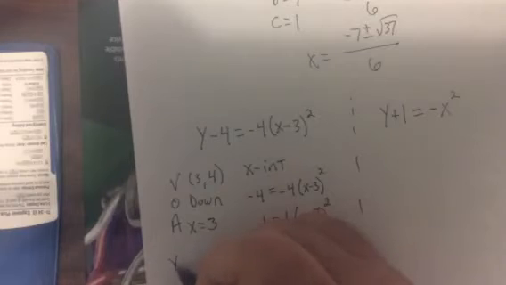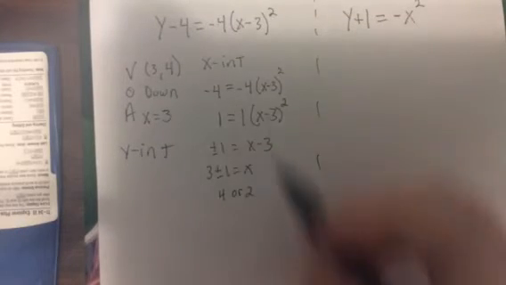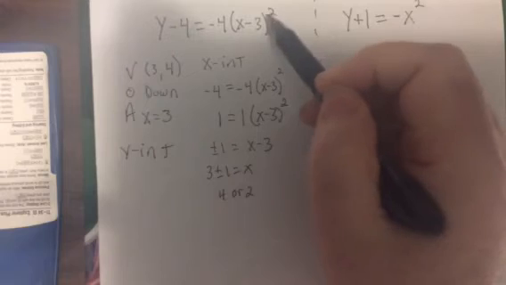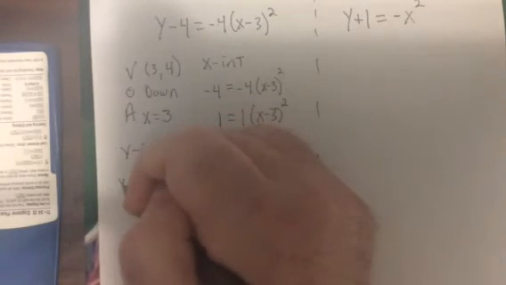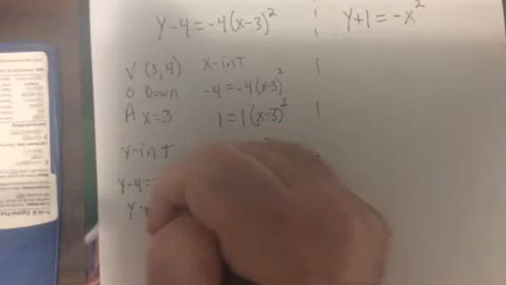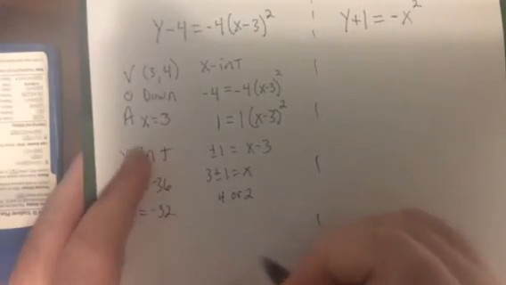Then the y-intercept. You put 0 in here. 0 minus 3 is negative 3. Squared is 9. That's negative 36. So y would be negative 32.